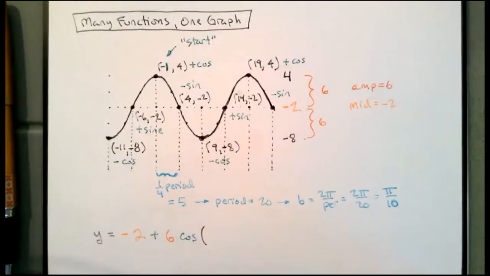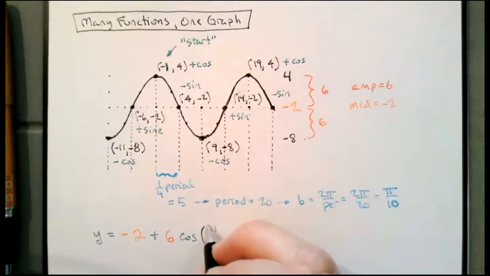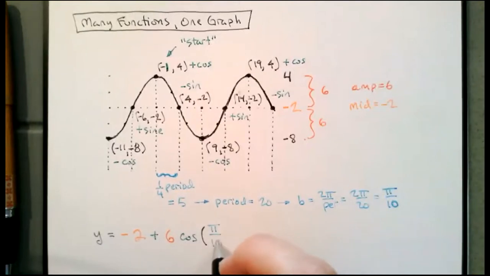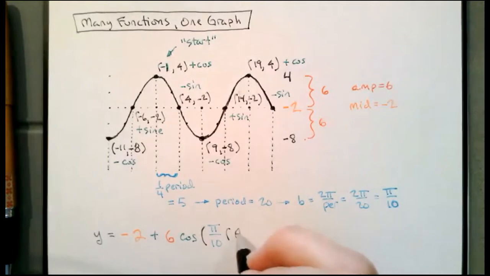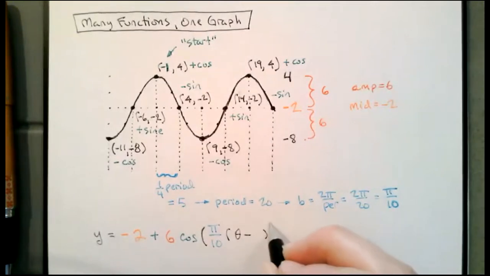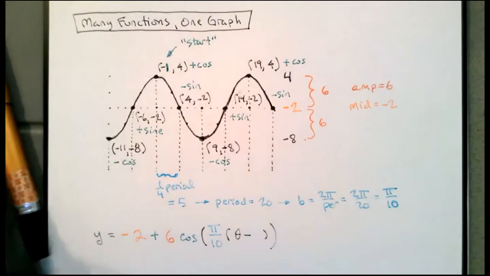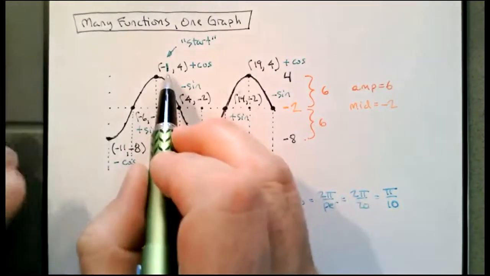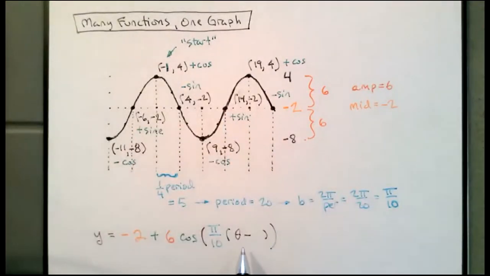Then we open up parentheses for the argument of cosine. The coefficient of theta is going to be pi over 10. That's going to be our multiplication before the trig function, so it's going to change our period. And then we do theta minus, and then we pick our horizontal shift. So we're starting off at -1. So it's theta minus a -1.